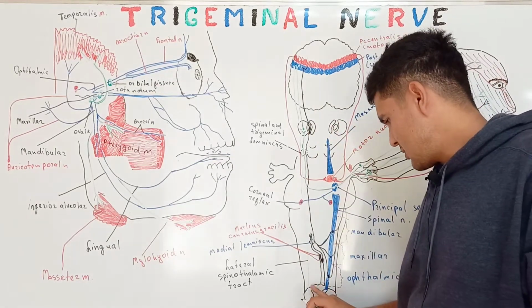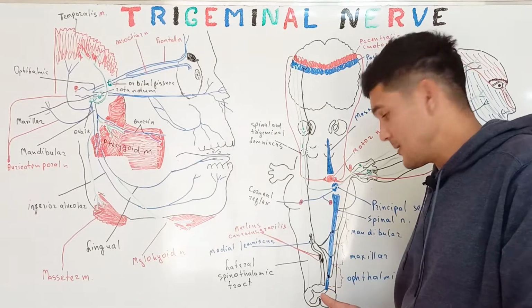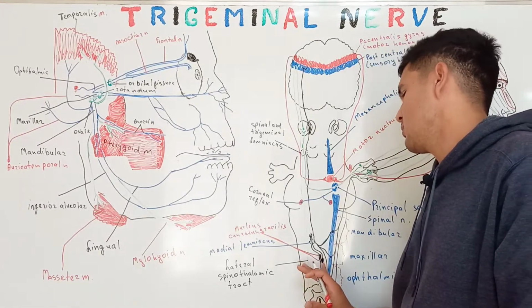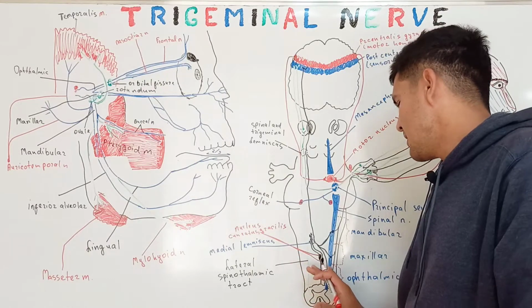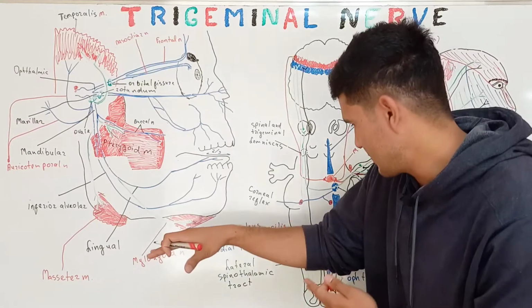You know, the dorsal column carries information that relates to proprioception, and after reaching the nucleus cuneatus and gracilis, they start as a second neuron contralaterally.